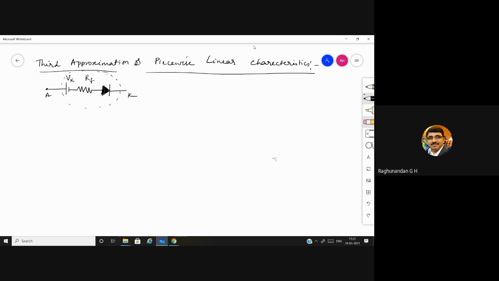After connecting this circuit, they experimented and obtained a waveform like this, VF, IF, and they still assume that for reverse bias the current is zero. The ideal diode acts like a switch, so under reverse bias it acts like an open switch and there will be no current.